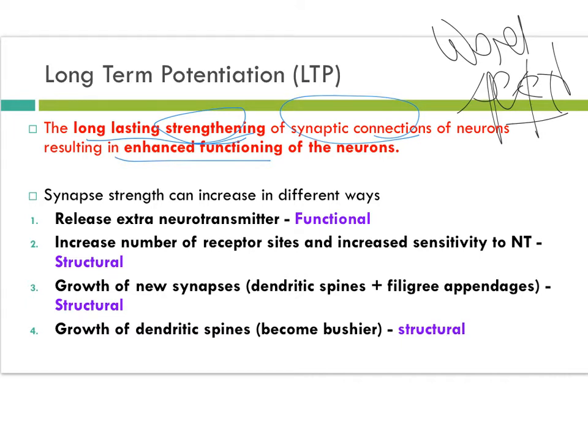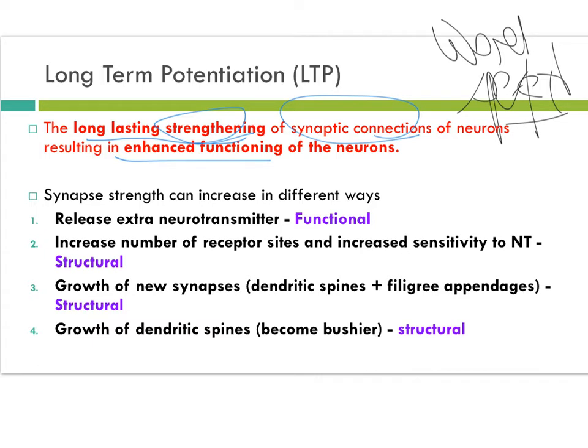So what does that actually mean? As I said before, every time you engage in some kind of experience, and in real life what that means is practice. So every time you do a question, every time you remember something, every single time you kick a football, what's happening is that you are stimulating that neural circuit.